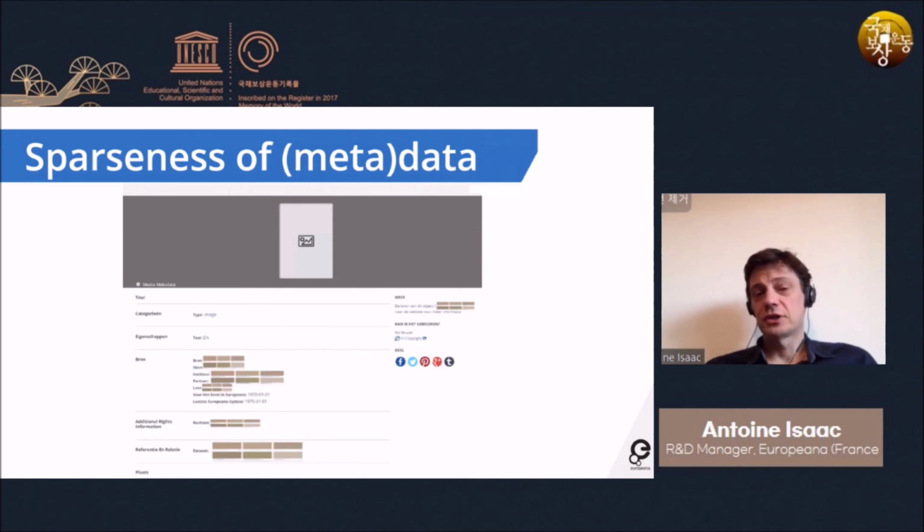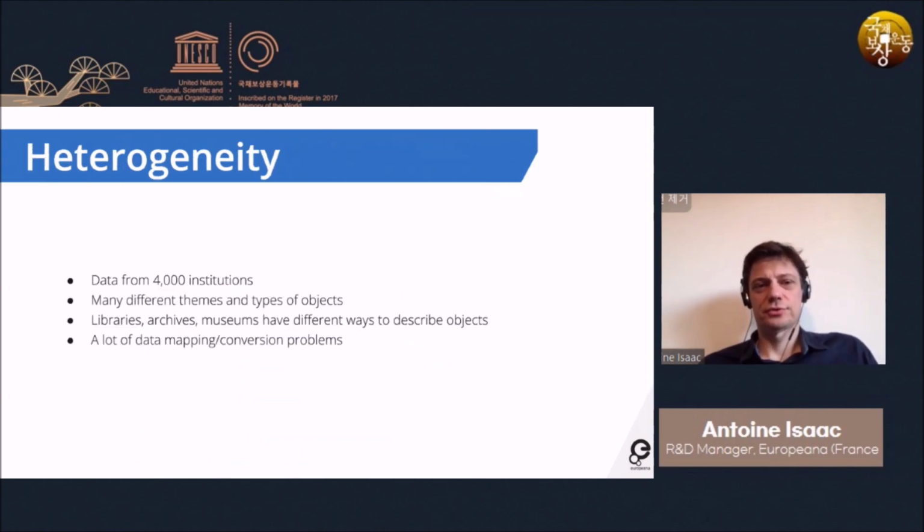We just knew that it was an image, and it came from a specific organization. And actually, we did not have even the image. The link was broken. So it was problematic both on the metadata level and on the content level. So very little information and no content. So that's extremely frustrating for users, of course.